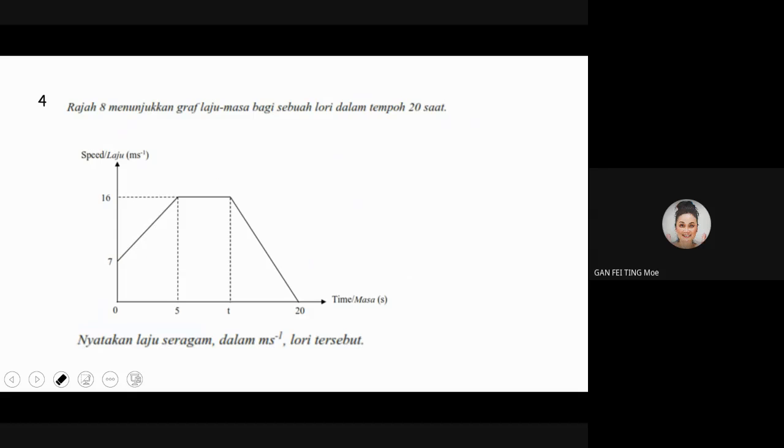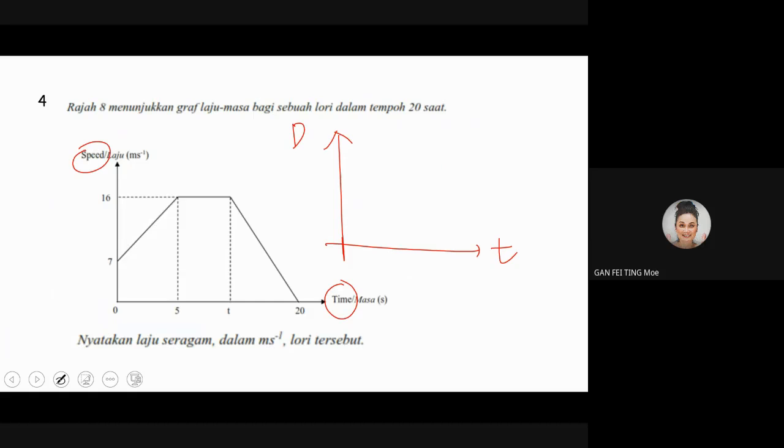Okay, now we go to the speed time graph. Remember your graph, you have 2. One is the speed time graph, and another one will be your distance time graph. Okay, distance time graph.